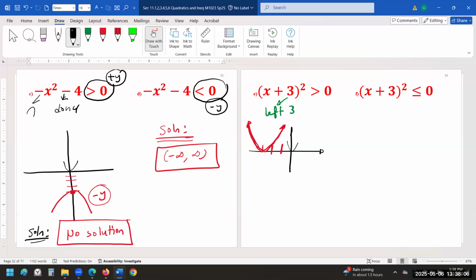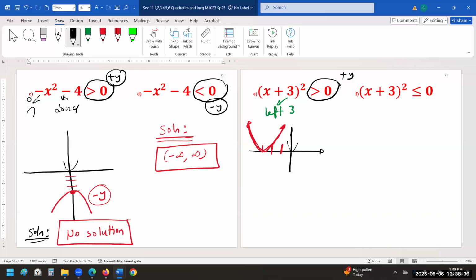So for the first question, you get this 0. Which y are you looking for? Only the positive y. Are you looking for 0 y? No. So is there any part on the graph where y is 0?